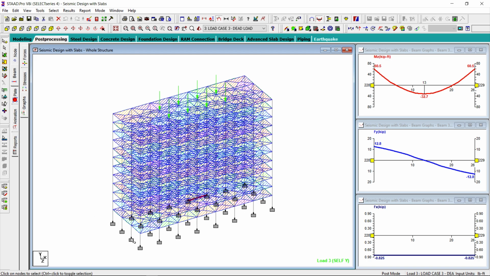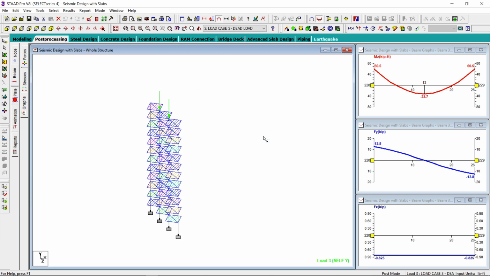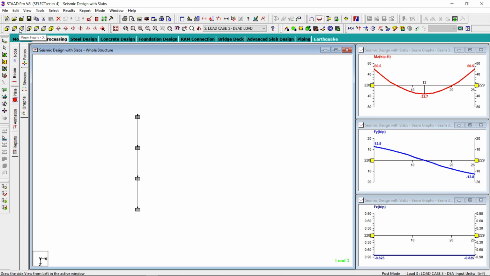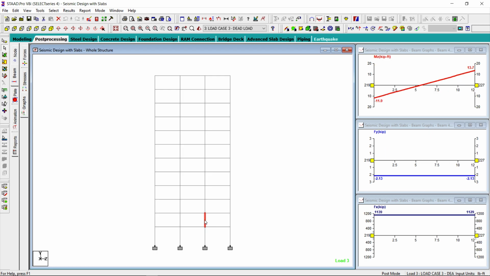So it should be in line with A, B, C. Somewhere it should be like this one.